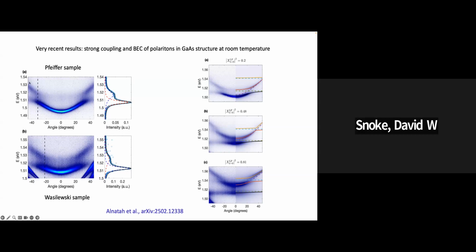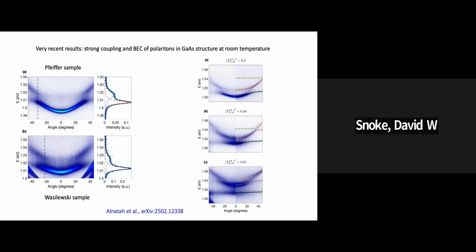If you look at this data here, you can see we're getting lots of emission from up here in the upper branch, and that's thermal equilibrium at room temperature. So the theory fits here are fitting it to a temperature, which is an equilibrium temperature. Because you have lots of other things floating around, it broadens the lines.